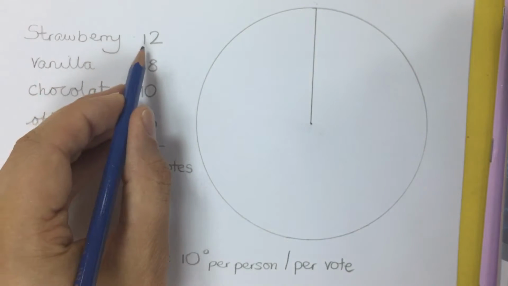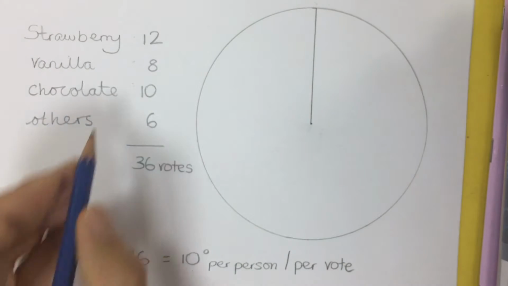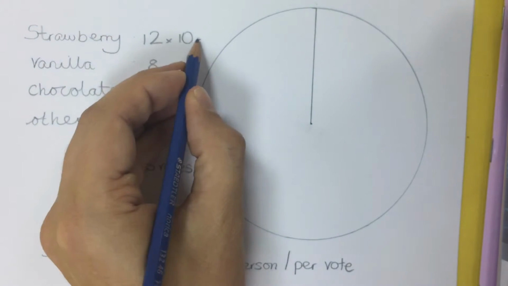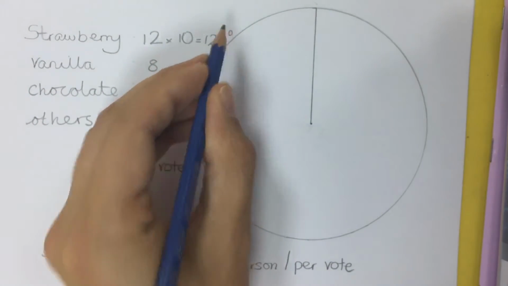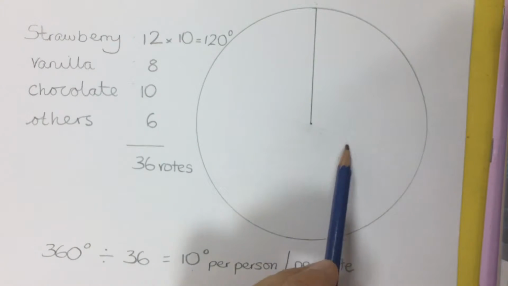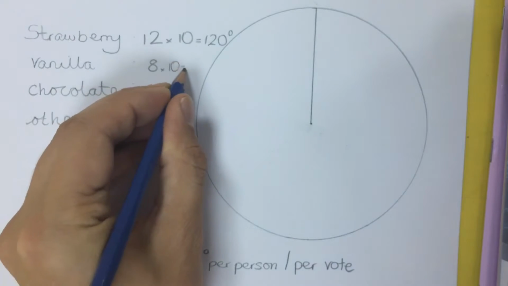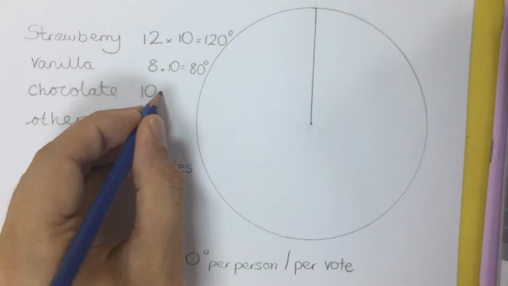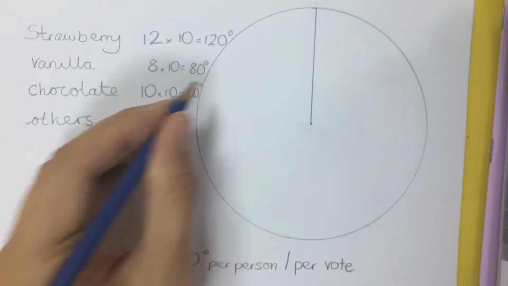So we knew that strawberry got 12 votes. And if each vote is worth 10 degrees, we do a quick sum, 12 times 10. So strawberry is going to get 120 degrees on this chart. Vanilla is going to get 80 degrees on this chart. Chocolate is going to get 100 degrees on this chart.